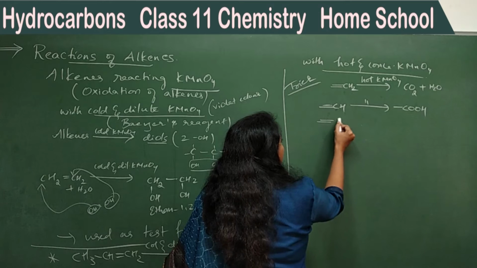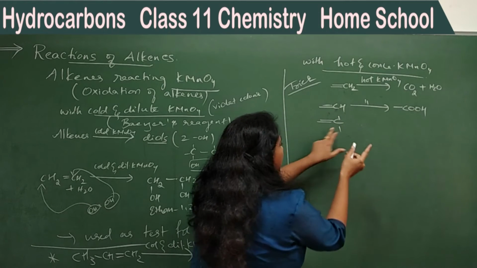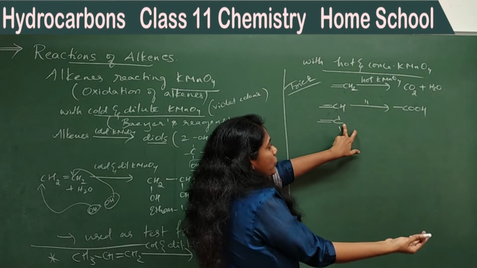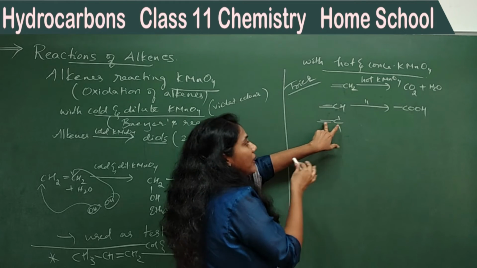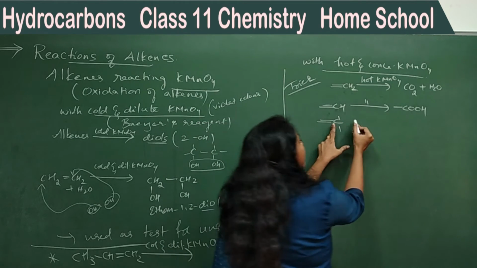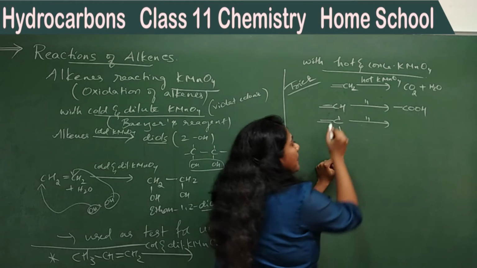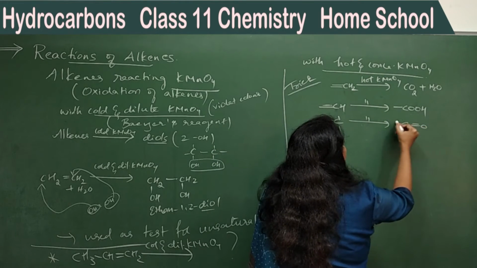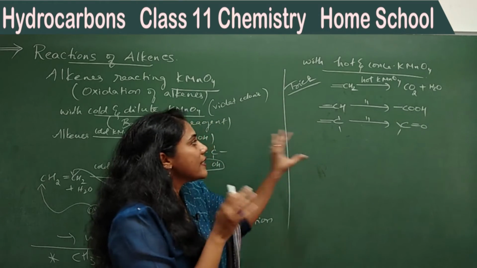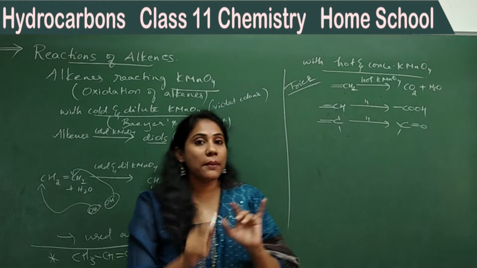Suppose you have just a double-bonded C. Okay, so some carbon, you don't have any hydrogen with it, you have a double bond around it, then this carbon in presence of hot and concentrated KMnO₄ gets converted into a ketonic group. Okay, so this is the major idea you should remember.